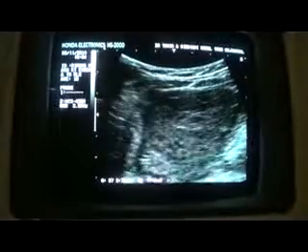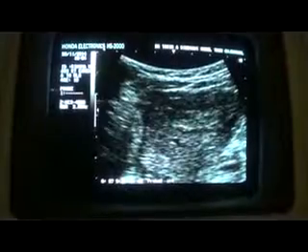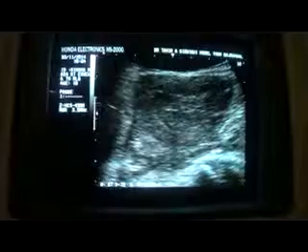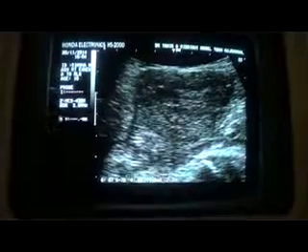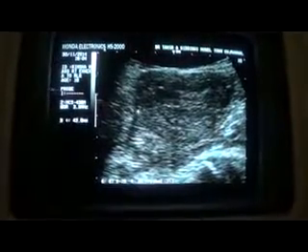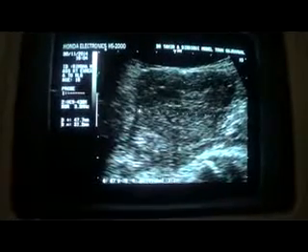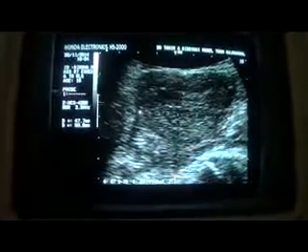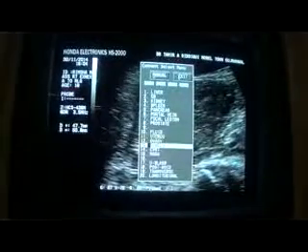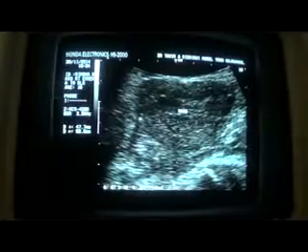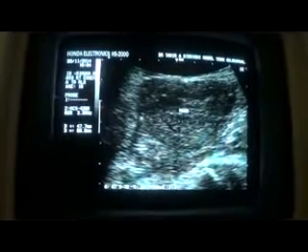This is the mass in transverse section, measuring approximately 4.7 into 5 centimeters.